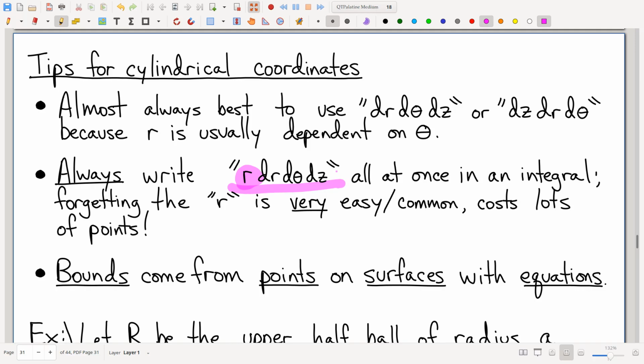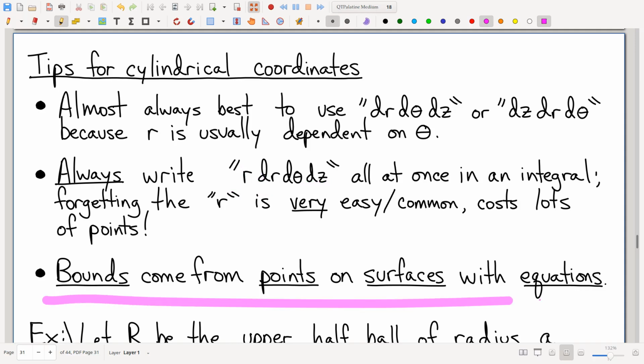Why would you take that risk? Just write this down all at once. Now you've got those points in the bag. Much safer.